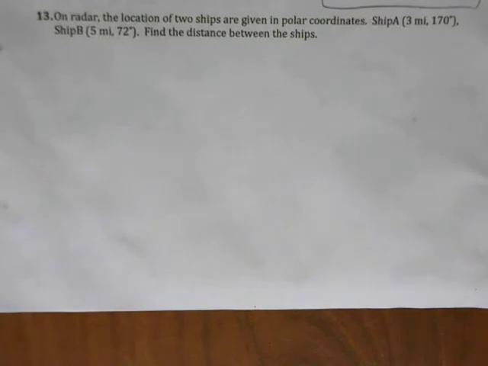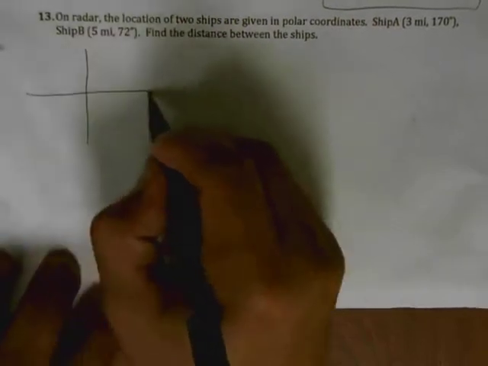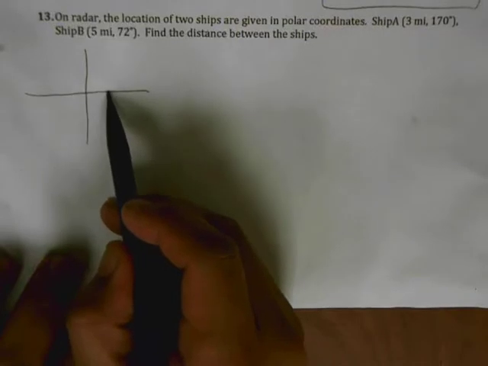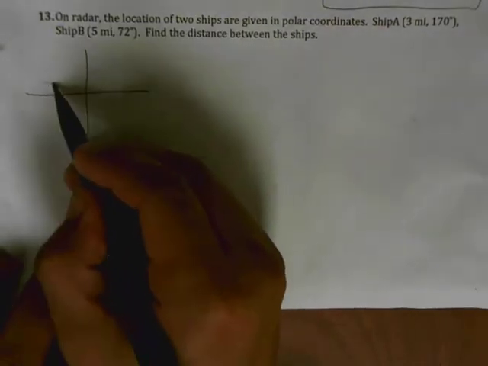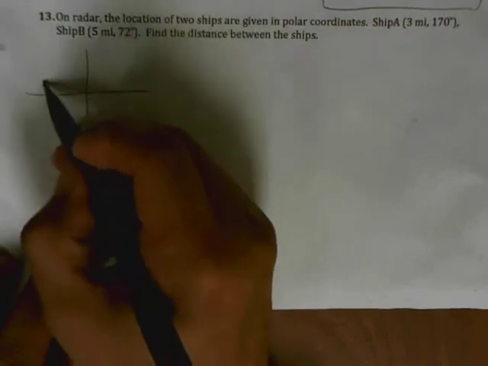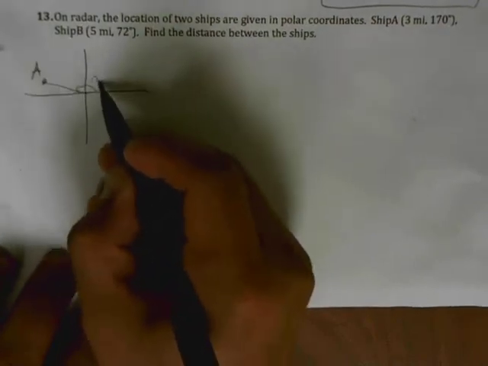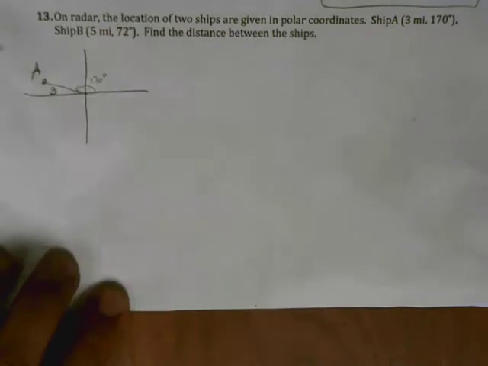So the first thing that we should do here is draw a picture. So we're going to draw our coordinate and ship A 3, so we go out to the right positive and rotate 170 degrees, which is about right here. Okay, so this is A, and this angle of rotation here is 170, and the length that it was rotated was 3.